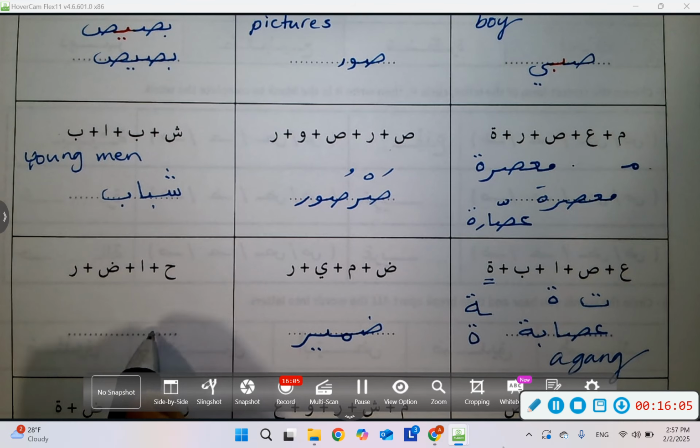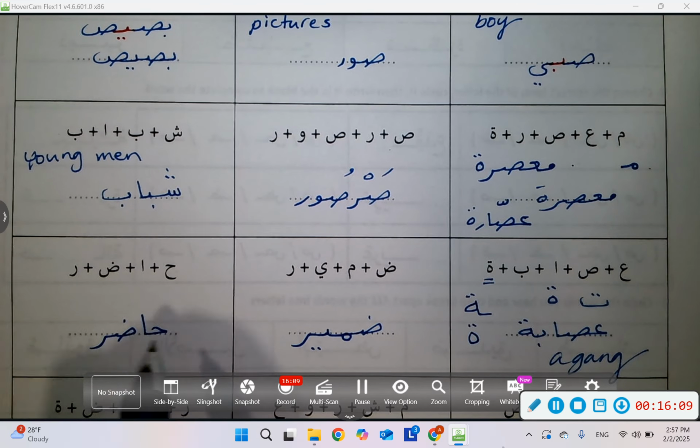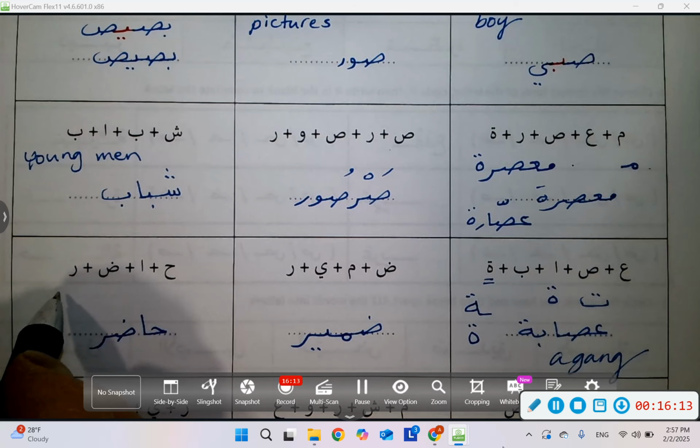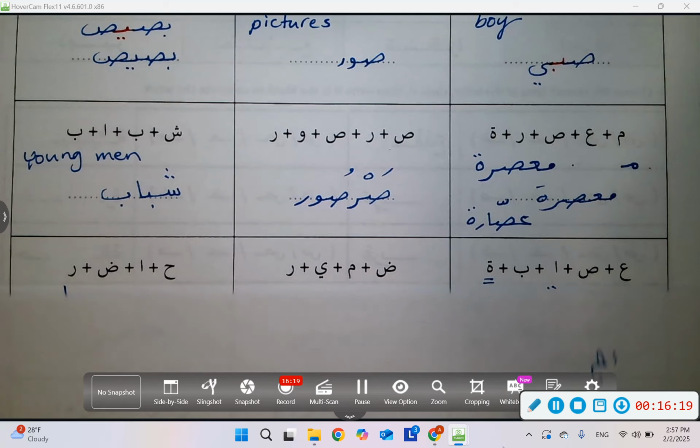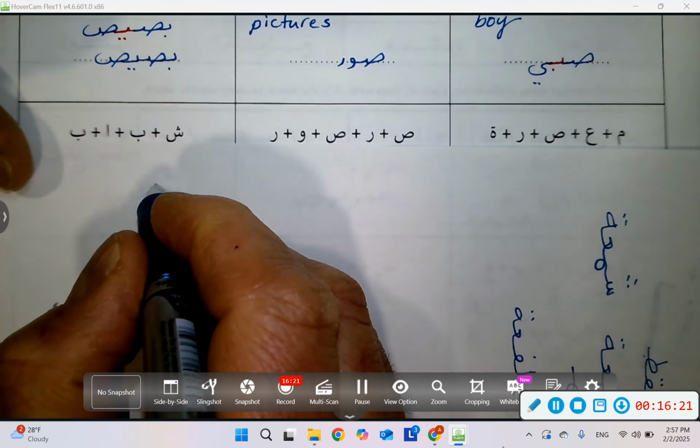Hadir. Ha, alif, da, ra. And as we said before, alif and waw are from the letters that don't connect. They call them non-connector, if you remember.